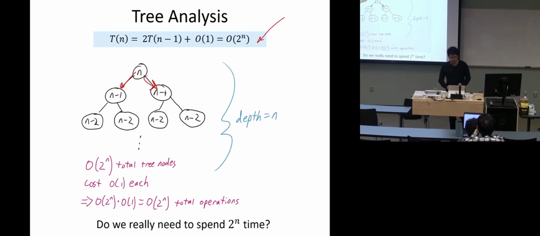Now that's kind of disappointing, something actually seems off. There is one key observation that once you see it, you will see that we should be able to save a lot of time.